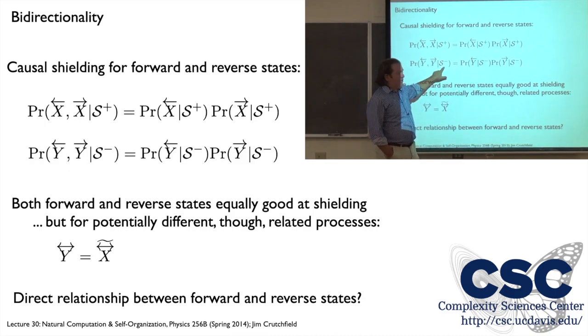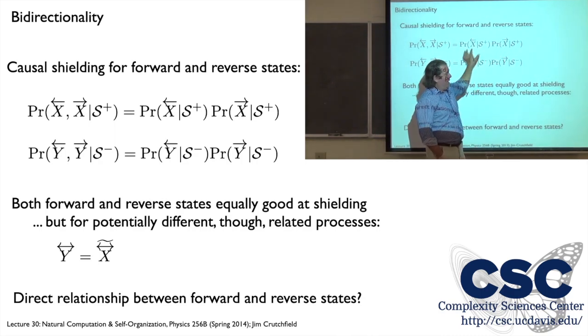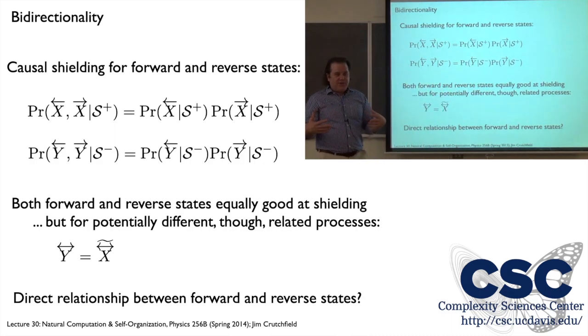Well, that's trivially true for the reverse process too: the past and future are conditionally independent given the reverse causal states. So this justifies the interpretation of the causal states, in either direction, as shielding one half of the lattice from the other half, okay?